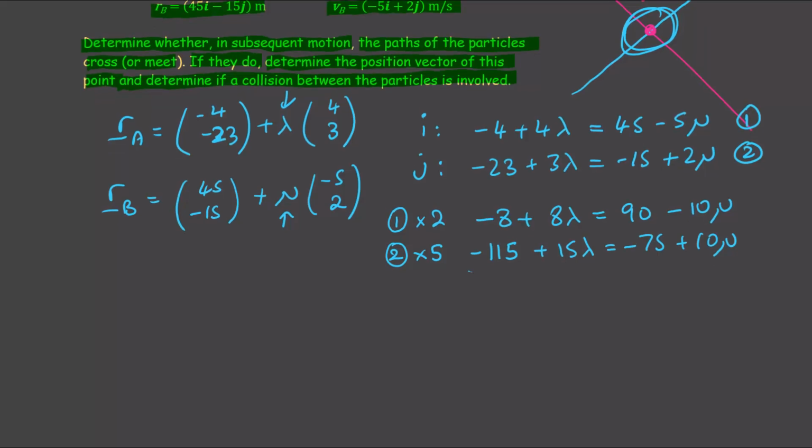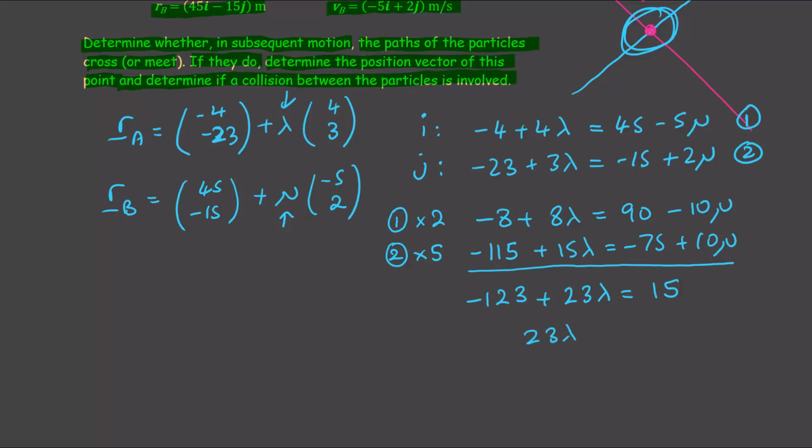Now if we add those, we get negative 123 plus 23 lambda is equal to 15, and the mu's cancel out.